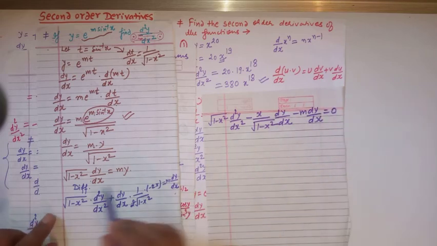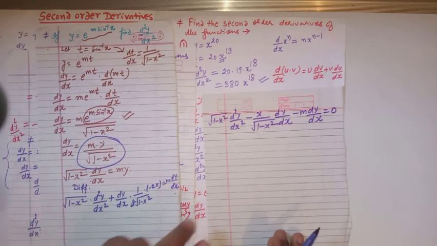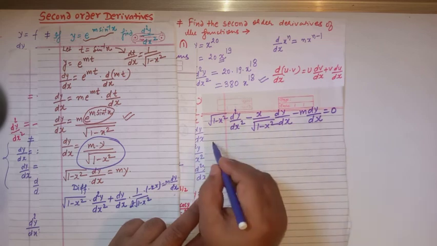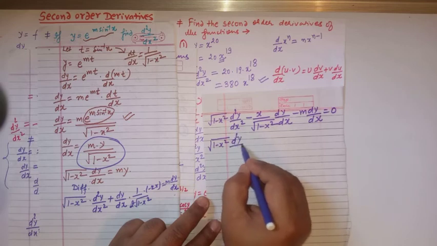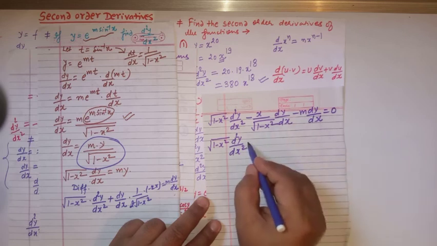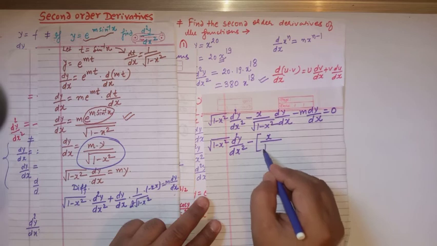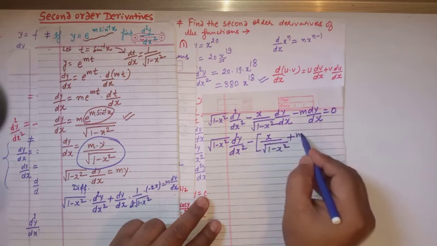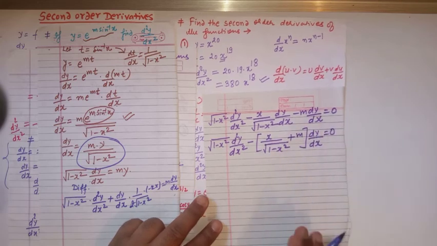Now we can substitute the value of dy over dx as this expression here. So we have square root of 1 minus x square d2y over dx2, and we can write this as minus x divided by square root of 1 minus x square plus m times dy over dx equal to 0.